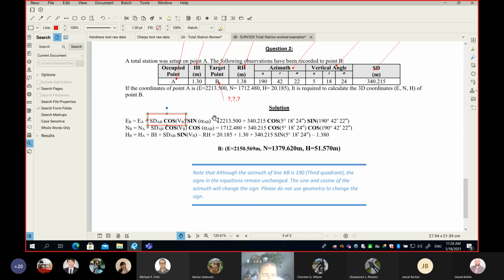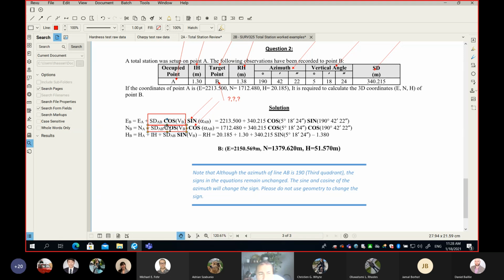I want to warn you, because this is a very common confusion and causes problems. Students simply don't change this. One equation has the sine of the azimuth, and the other has the cosine of the azimuth, while this part here is the same between the 2 equations, which is the HD.